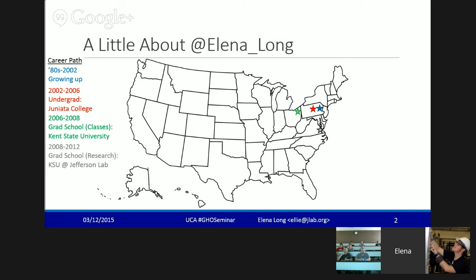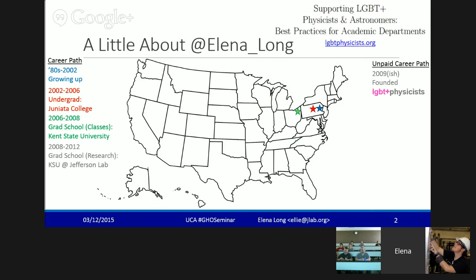I also want to mention a little bit of my unpaid career path, I like to call it, which started roughly around this time. In 2009, I founded an organization called LGBT plus physicists to meet the needs of lesbian, gay, bisexual, transgender, and other sexual and gender minority physicists. We put together this great best practices guide for supporting LGBT plus physicists and astronomers. For anybody interested, you can find that on our website.